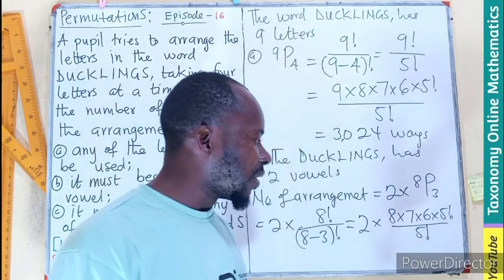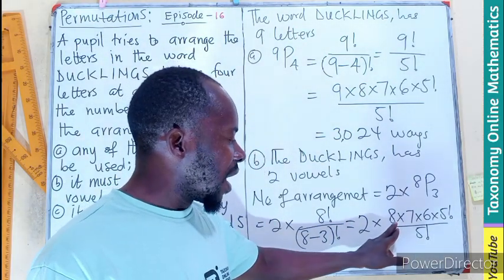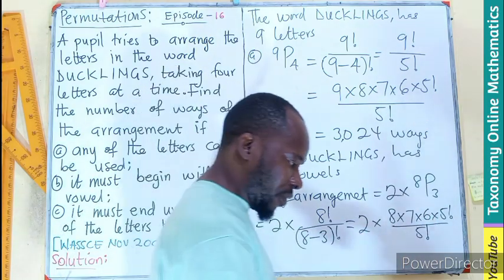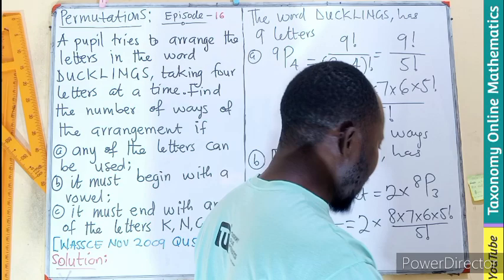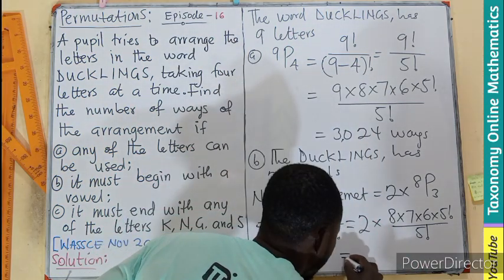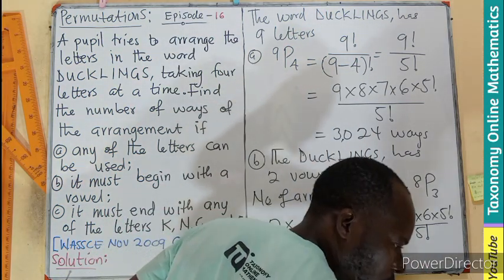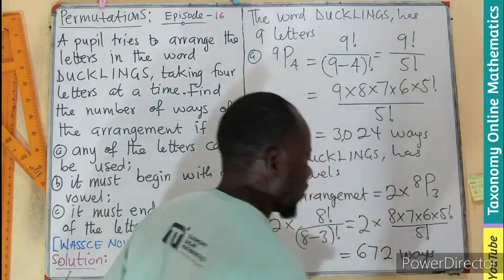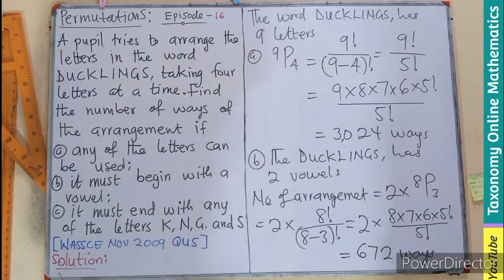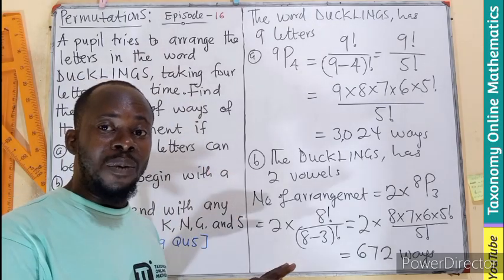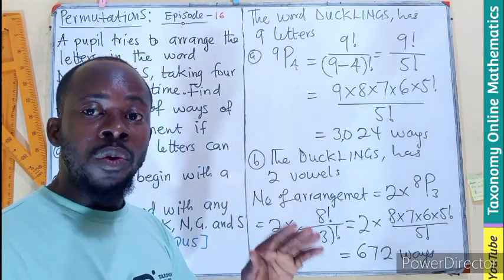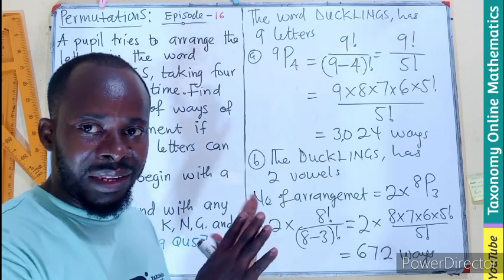This will cancel. We should be left with 56 times 12. So 56 times 12 will give us 672 ways, which means 672 ways is where we can form 4-letter words from "ducklings", whereby the first position will always be a vowel.